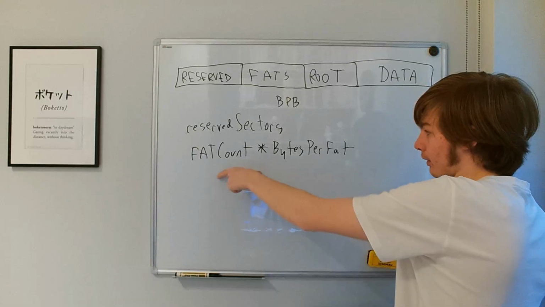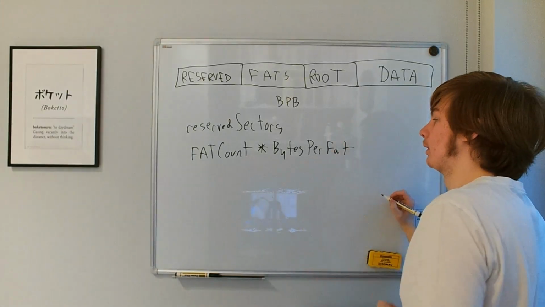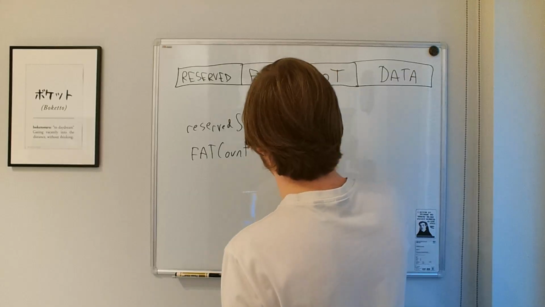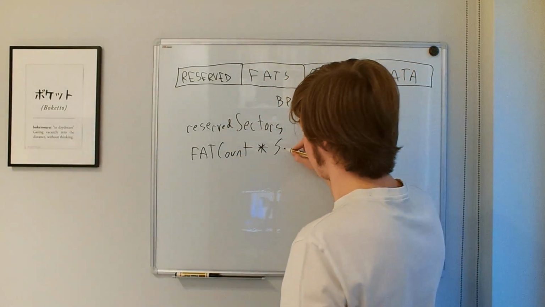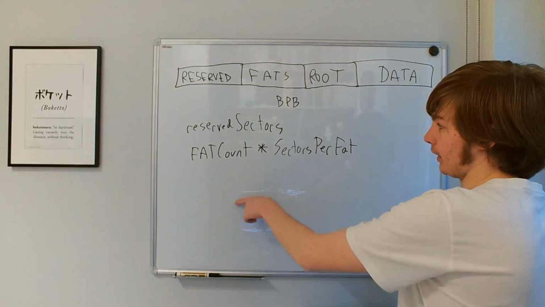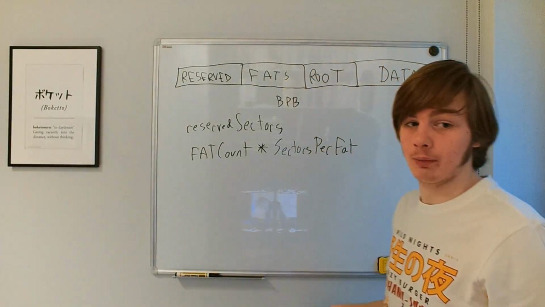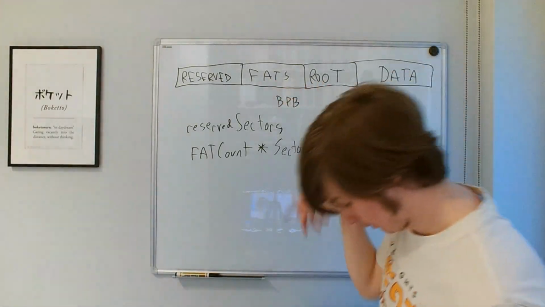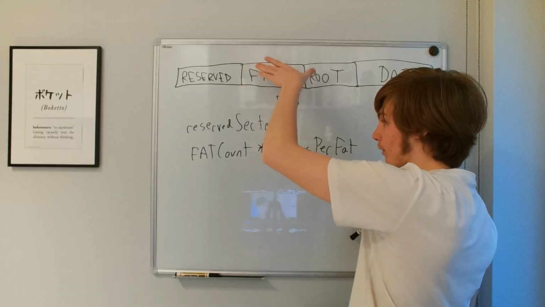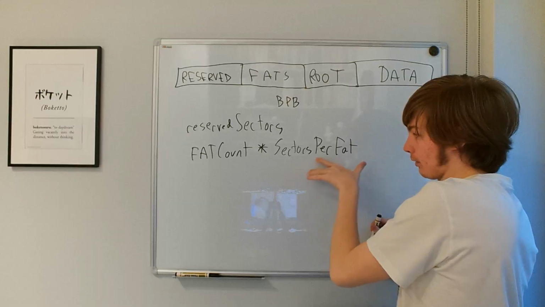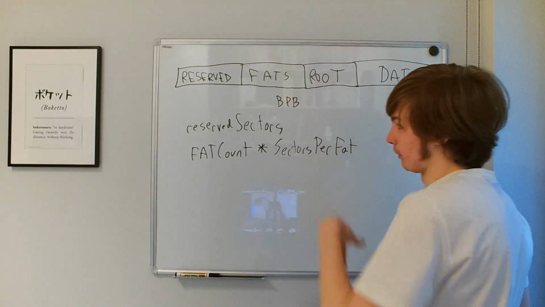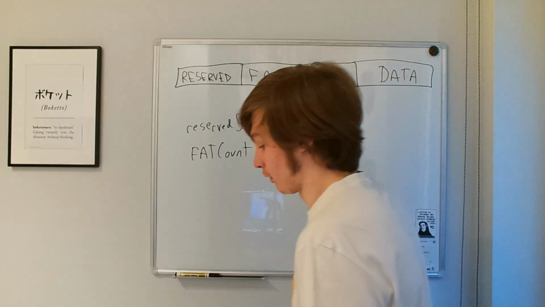If you multiply the FAT count with the sectors per FAT, you would get the size in sectors of this entire FATs region, because you get how many file allocation tables there are, and how much one FAT takes up, and if you multiply those, you get the size of the file allocation tables.